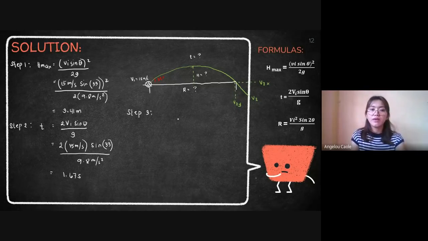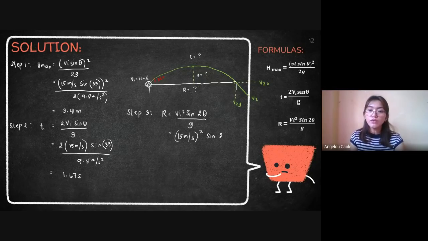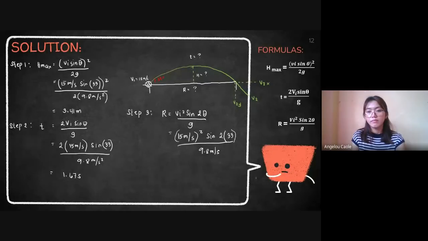For step 3, we have R is equal to V_i squared sine 2 theta over g. So V_i, that is 15 meters per second, squared, sine of 2 times 33, divided by 9.8. 2 times 33 is 66.